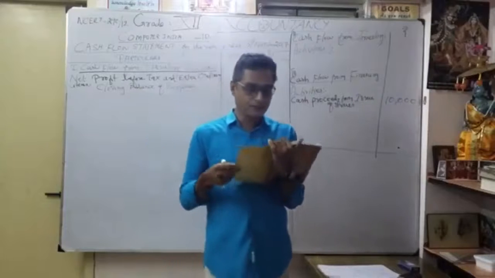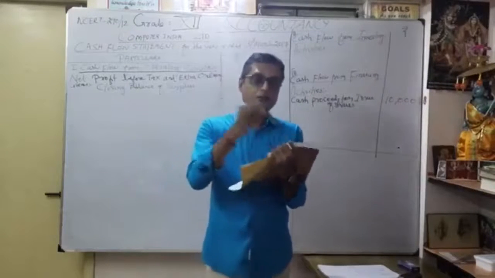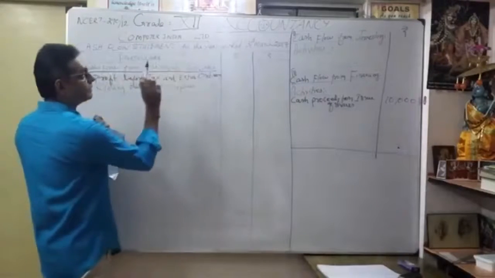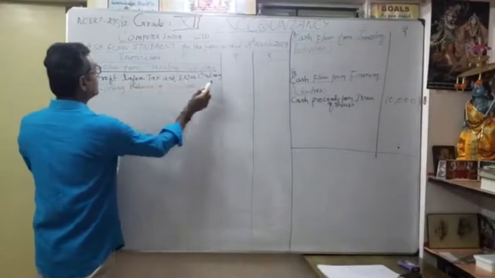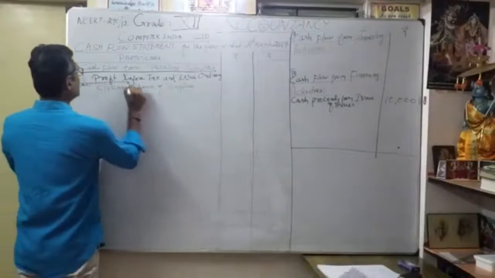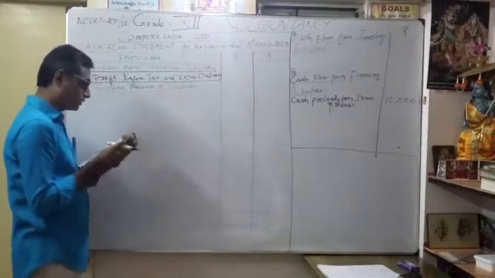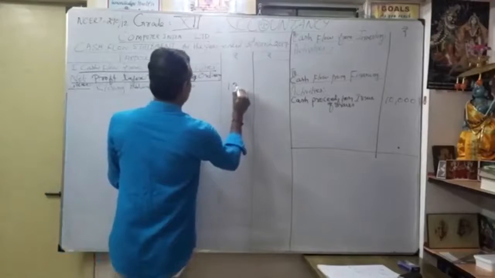First, balance in statement of profit and loss. After cash flow from operating activities, you write net profit before tax and extraordinary items. Under that, better put an underline. Closing balance of surplus, how much? 1,200.